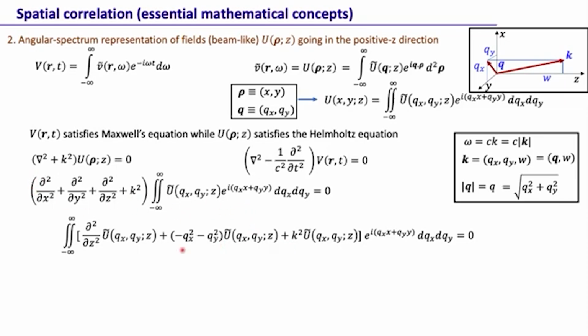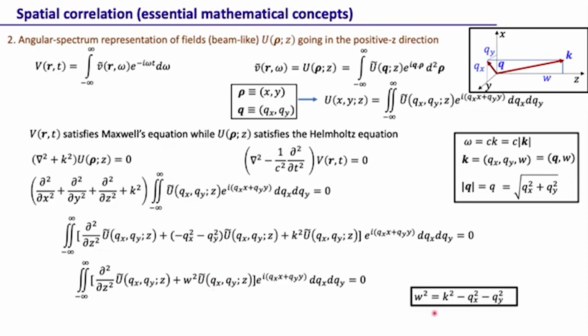All right, so what we have is the del z square term, and then minus qx square minus qy square plus this k square here. So this we can simply write as del square del z square, this term, and these three terms we are combining together and writing as w square u tilde, where w square is k square minus qx square minus qy square.